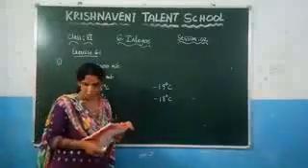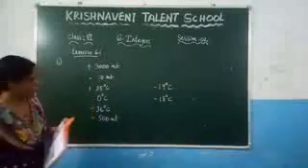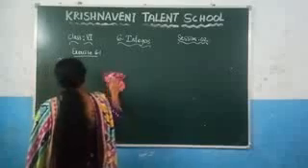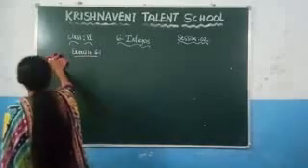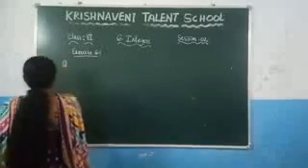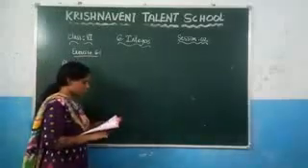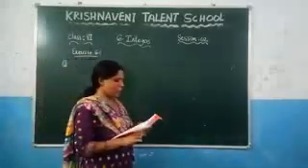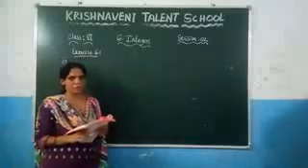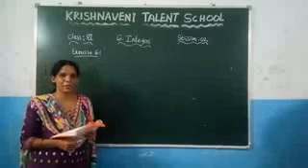Now see the second question. What is the second question given here? Write any 5 negative numbers. You need to write negative numbers on your own. You know what the negative numbers are?